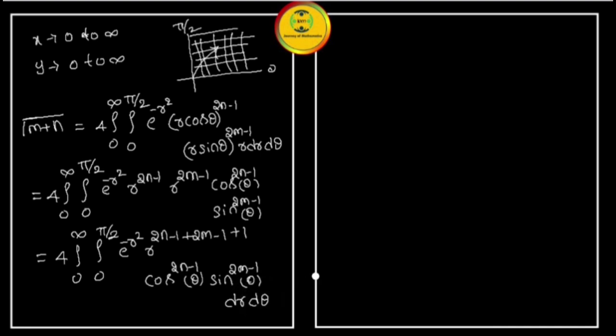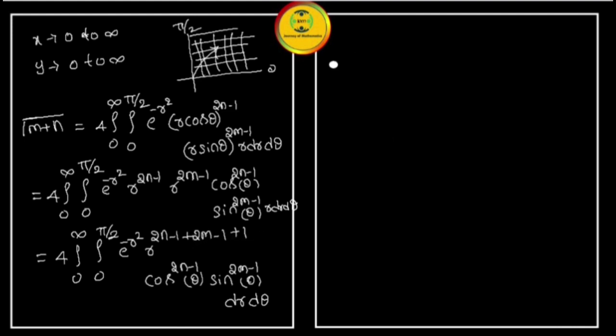So in total 3 r terms are there. One is r power 2n minus 1, another r power 2m minus 1, and in place of dx dy we have r dr d theta, so here also r power 1 is there. So overall 3 powers have been added: 2n minus 1 plus 2m minus 1 plus 1.